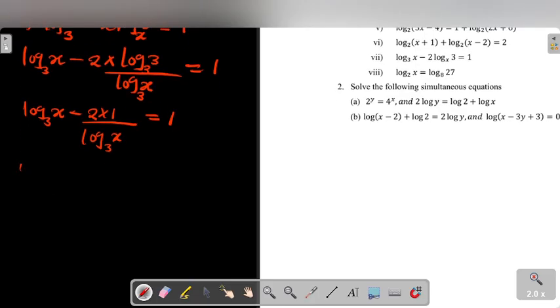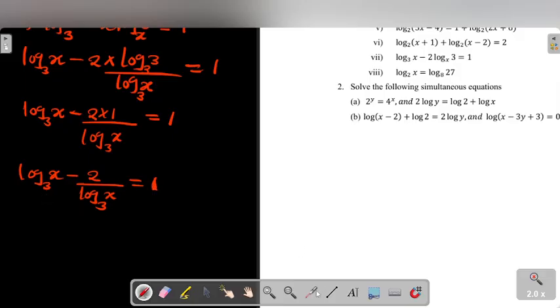So now we have log base 3 of (x minus 2), then minus 2 times 1, that's a 2, over log of x base 3, this is equal to 1.